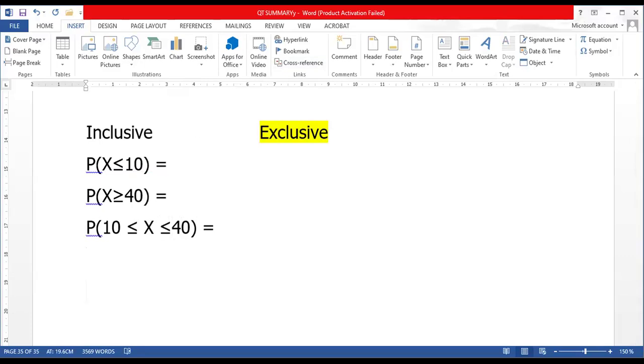If it's less or equal, what do you do? Do you add 0.5 or you subtract 0.5? I remember talking about this. I don't know whether you paid attention to those who tried to listen to those things. If it is less than, do you add 0.5 or subtract 0.5?